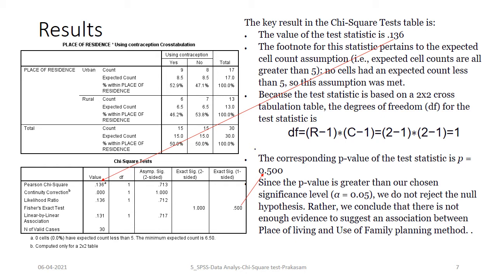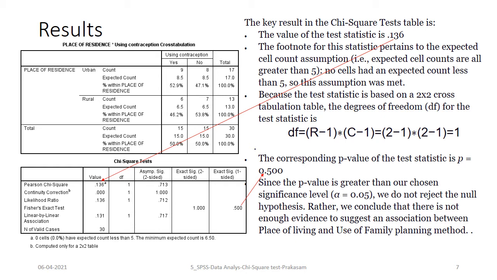Therefore, if you look at the chi-square test table down below, the corresponding p-value of the test statistic is p equals 0.500. Since the p-value is greater than our chosen alpha value, that is 0.05, we do not reject the null hypothesis. Rather, we conclude that there is not enough evidence to suggest an association between place of living and family planning.